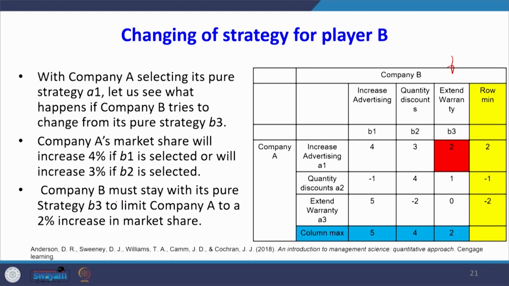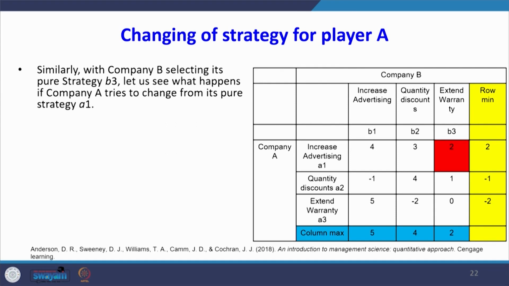So, company B must stay with its pure strategy B3 to limit company A to a 2% increase in the market share. Since A is fixed here, B cannot go to B1 or B2. If it moves to anything other than B3, there will be more gain for company A and more loss for company B.